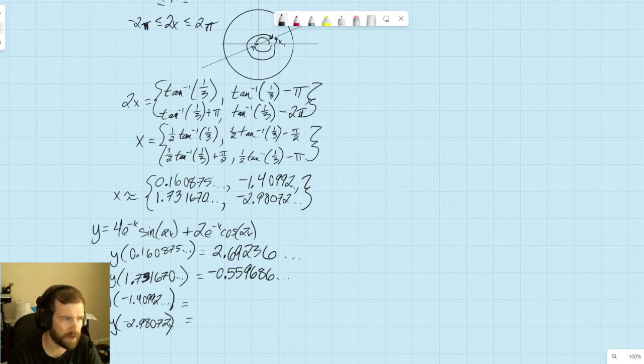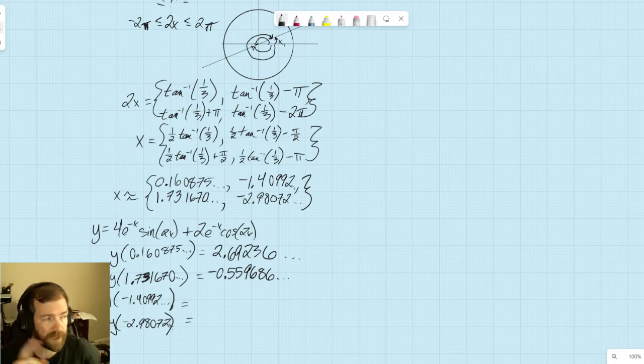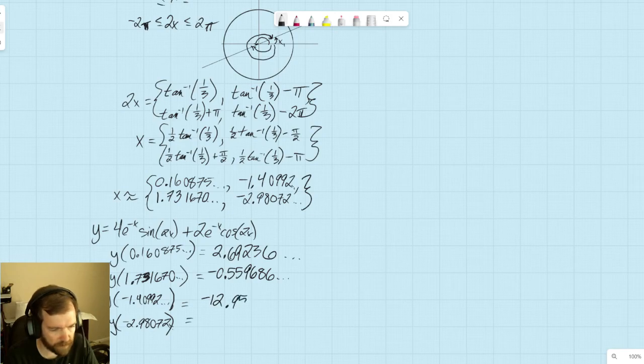Some of these may be rounded, where instead of the ellipsis being the rounded number, I should have it be the actual value that's showing up for the expanded decimal, but I just don't have time for that right now to go through and check all of it. All right, negative 12.9515 here. And 62.303 here.